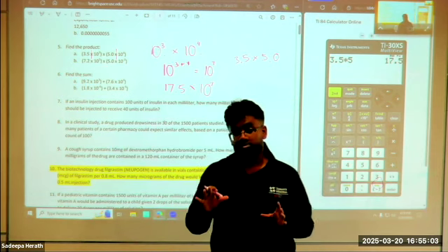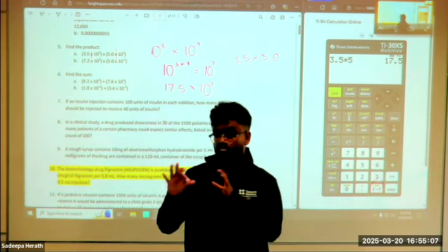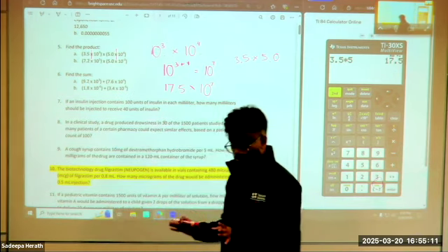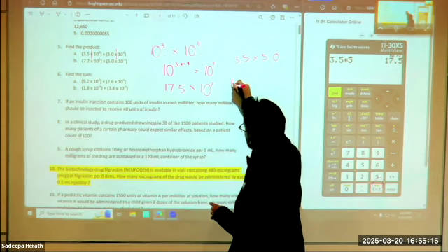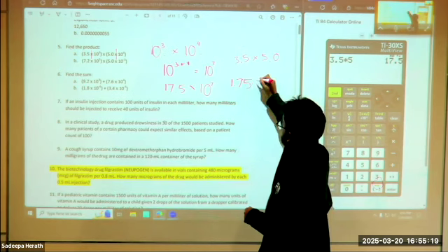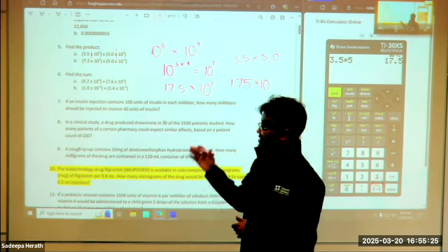But remember what I told you about exponential notation? The preferred way is to have just one whole number in the front and the decimals beyond that. So this is okay again, but we can also write it as 1.75 times 10 to the, okay, how do I think about this, right?